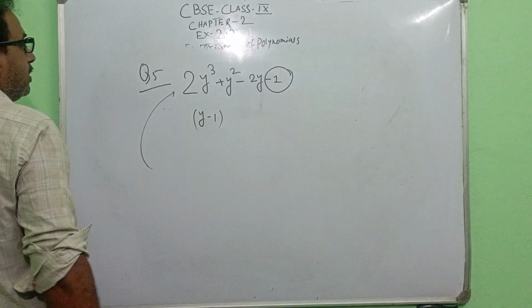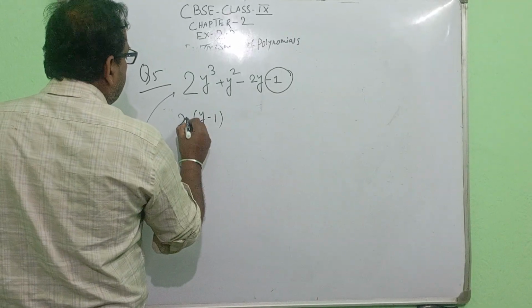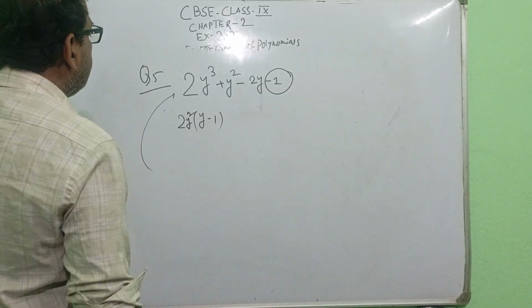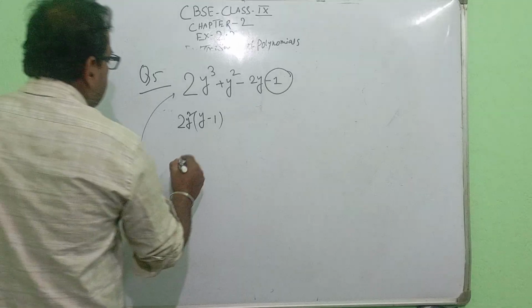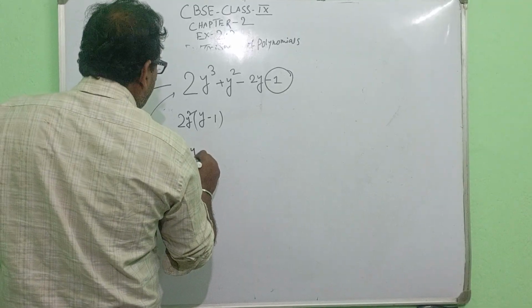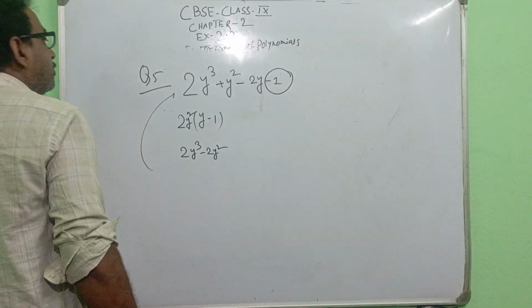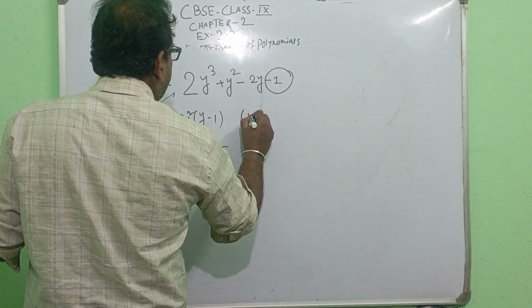We have to take over that 2y cube, so we have to take 2y square here. Now this is coming over that 2y cube minus 2y square. Now I have only y square, then what will you write?